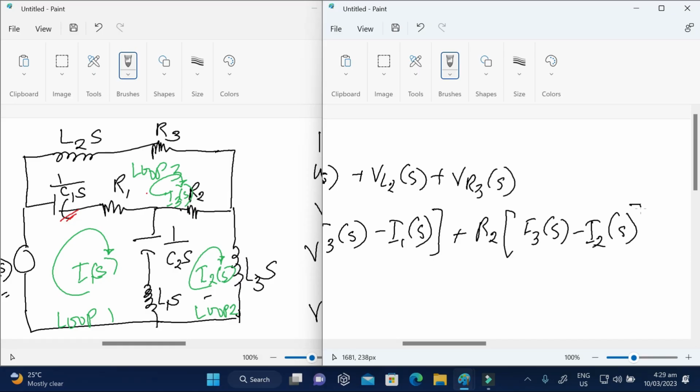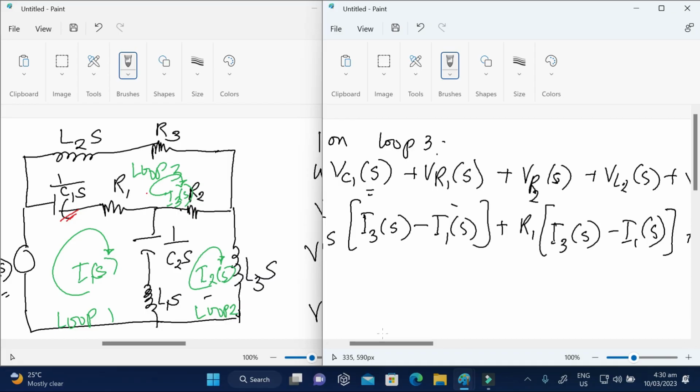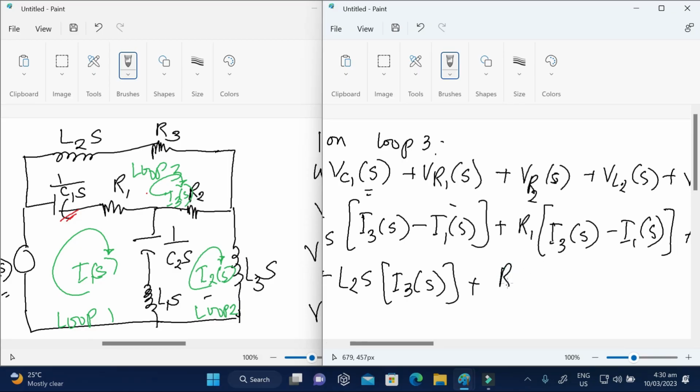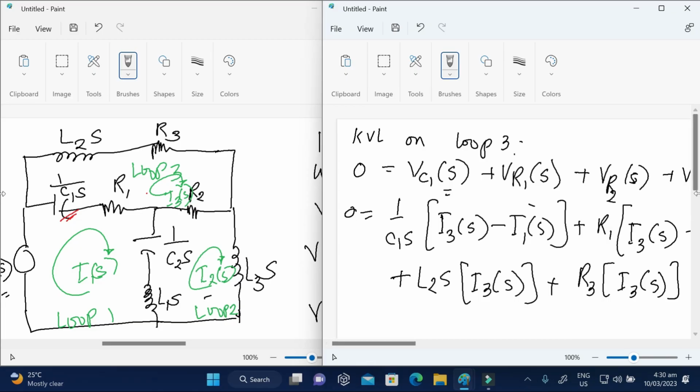Remember, we are in loop number 3. So, what we are going to make as positive is yung sa I3. Okay, no? So, plus yung sa VL2, which is equal to the impedance times the current, ang current lang na tumatakbo sa kanya is yung I3S, no? Similarly, we have for the R3, ang current lang na tumatakbo dito ay si I3S.